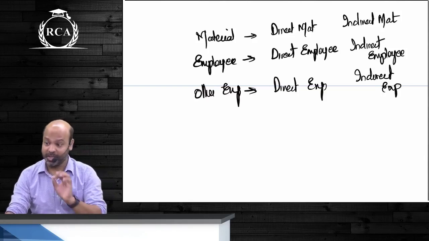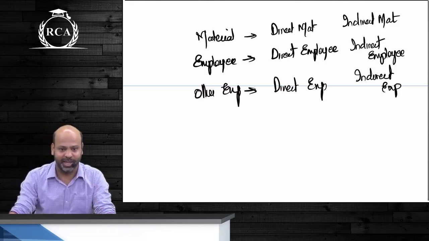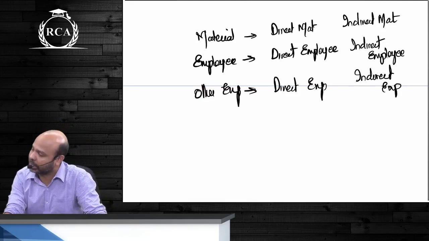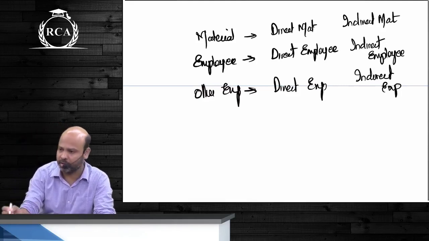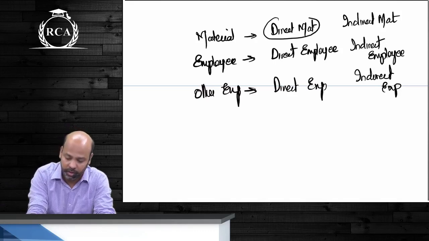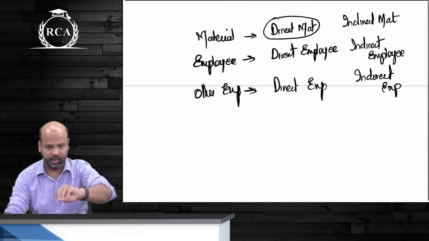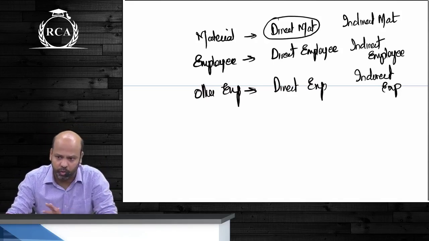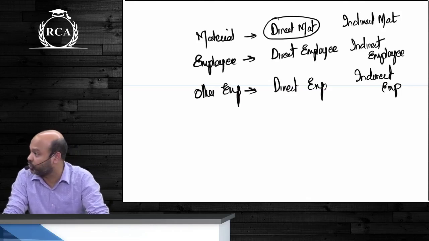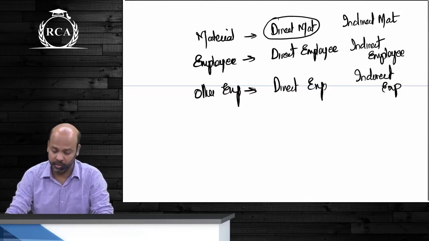Freight on raw material, as such, guys, is an example of direct expenditure, but we all learn that it is included in the cost of raw material. Any cost that you are incurring to bring the materials to the factory will be included in the cost of materials. They will not be recorded separately. So no doubt about it that freight is a direct cost, but it should be forming part of your raw material cost. It is not included separately. Yes guys?